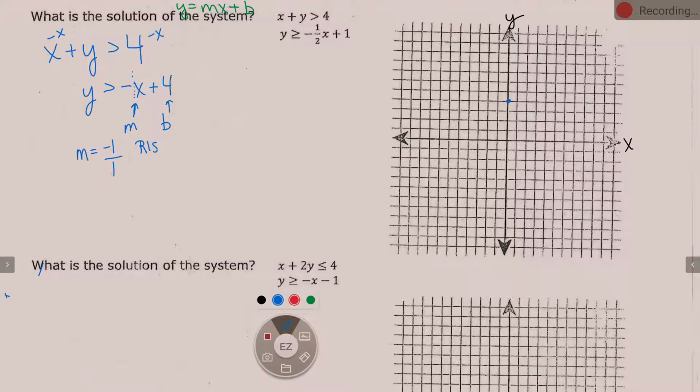Again, remember that phrase? Rise over run. So, from this point right here, I'm going to go down 1, right 1. Down 1, right 1. If you prefer, you could have instead gone up 1, left 1. Make as many or as few dots as you want.